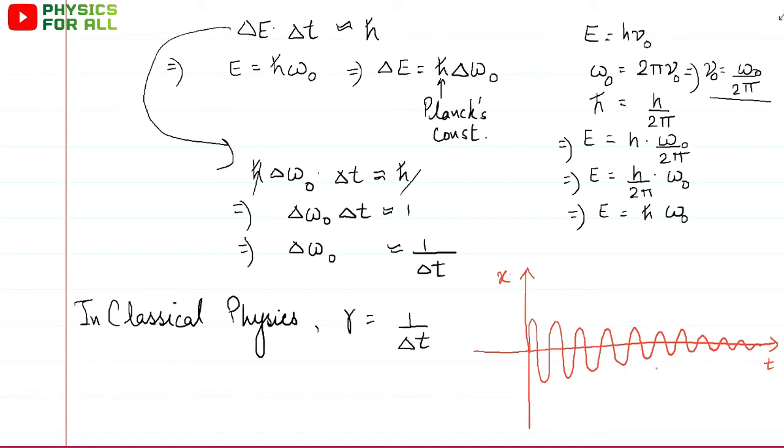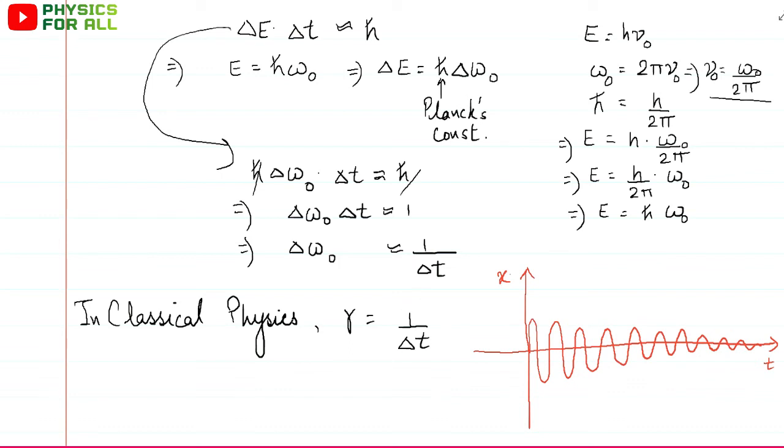So as time period increases, the amplitude of oscillation keeps on reducing. That's why according to classical physics, we have damping factor equal to 1 upon delta T, because after all the vibration would die out as time increases. So the amplitude is decreasing as time is increasing, so there is an inverse relation.